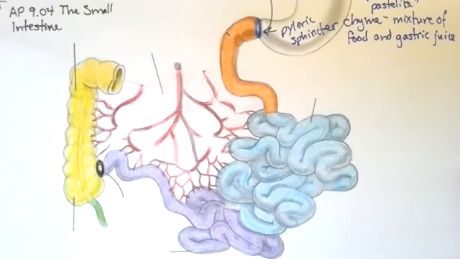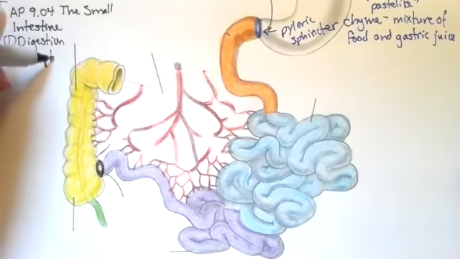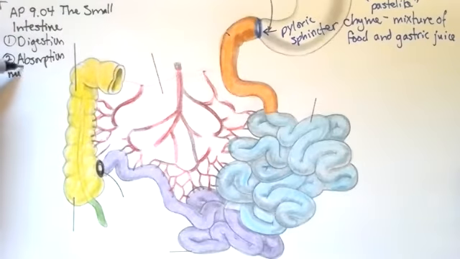The small intestine has two functions. In the upper part of the small intestine, we have digestion. And in the mid to lower part, we have absorption of nutrients.